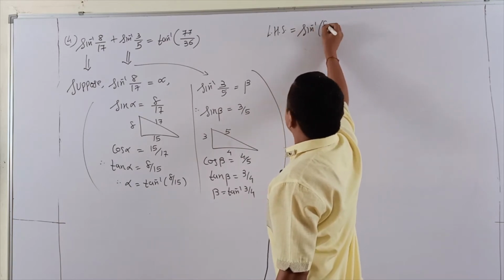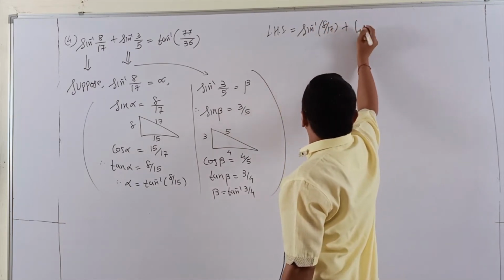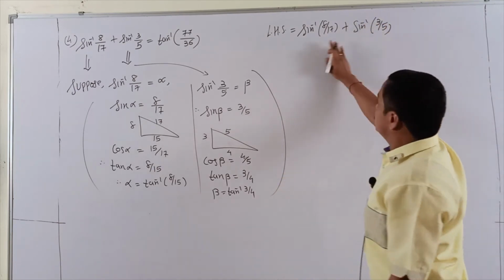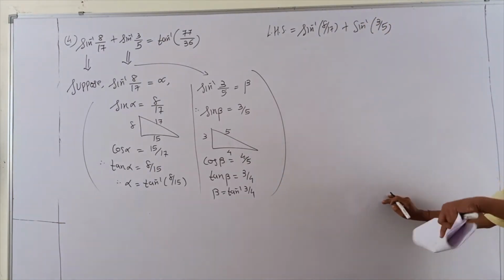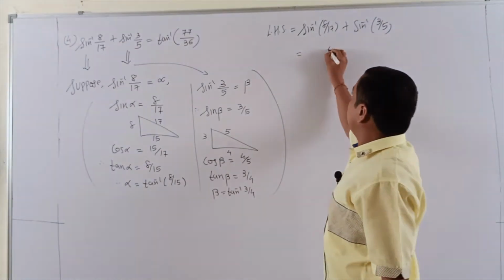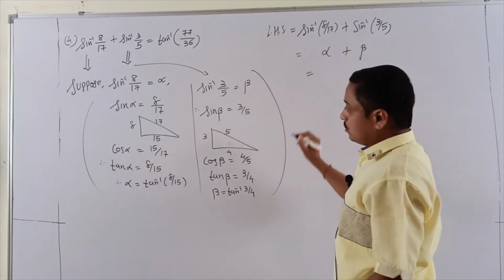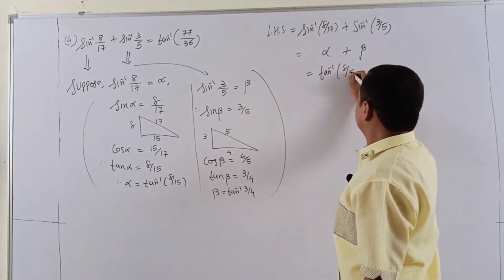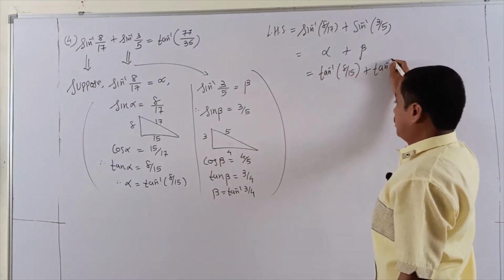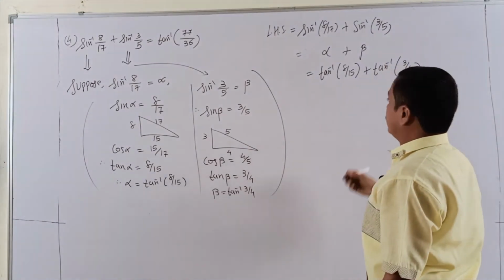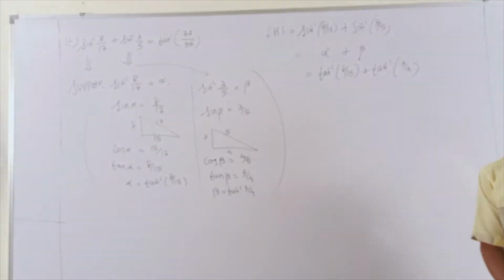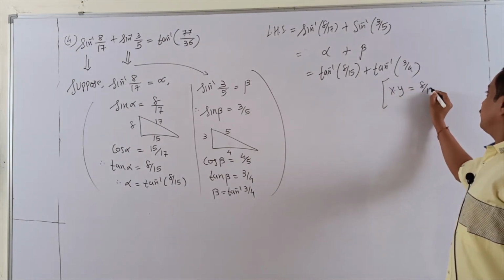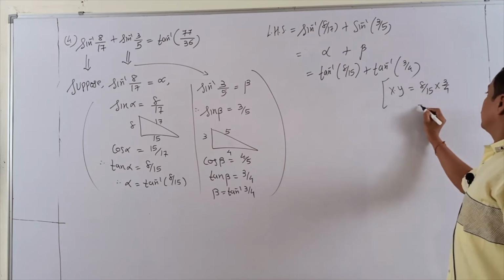My LHS: sin inverse 8 by 17 plus sin inverse 3 by 5. And all these values apply in this part. So here alpha and here beta. What is alpha? Tan inverse 8 by 15. Similarly, tan inverse 3 by 4. Now students, I start with the condition x into y, 8 by 15 times 3 by 4.